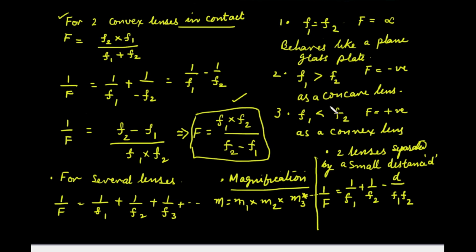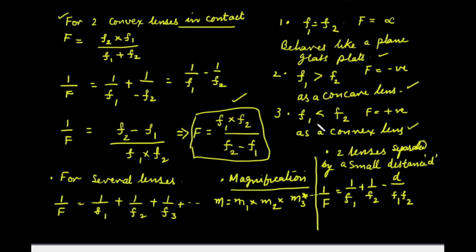In these three different cases, the combination behaves in three different ways. In the first case, it behaves like a glass plate. In the second, it behaves like a concave lens. And in the third case, it behaves like a convex lens. When the focal length of the convex lens is greater, its power is less.